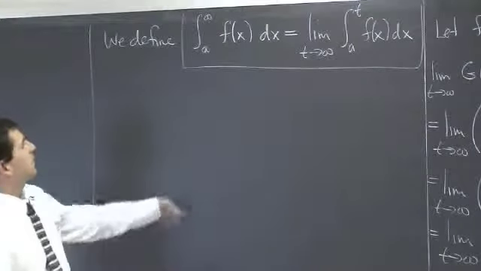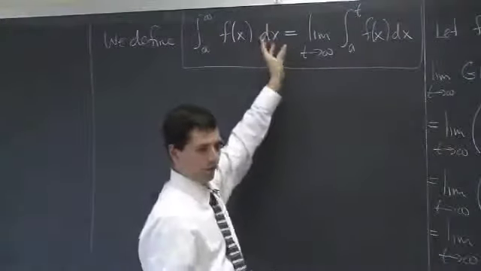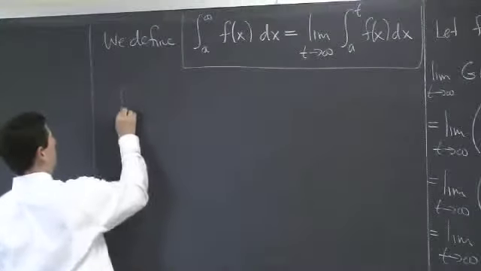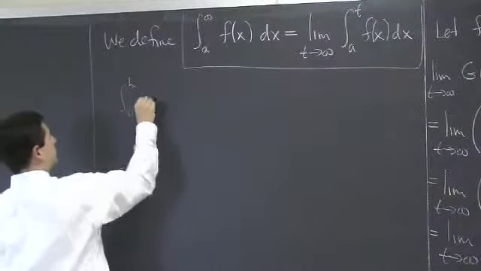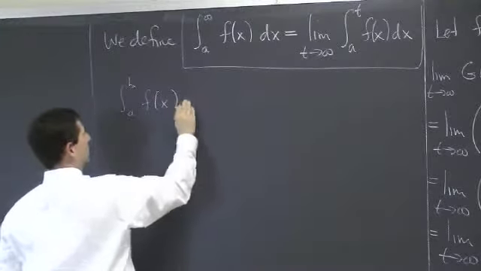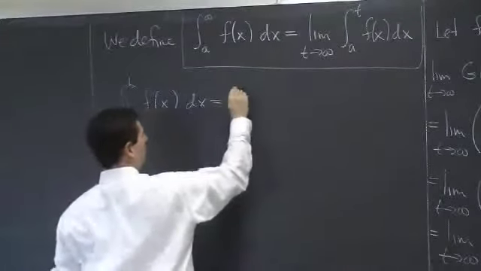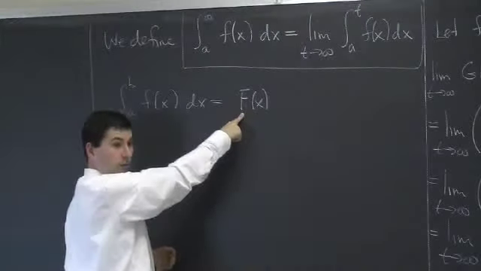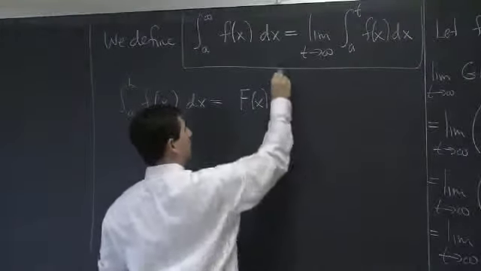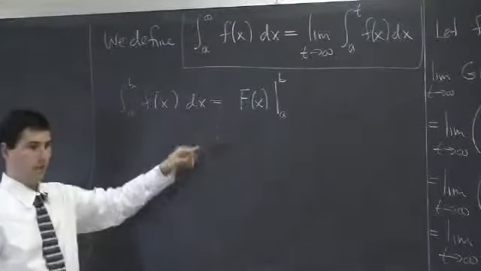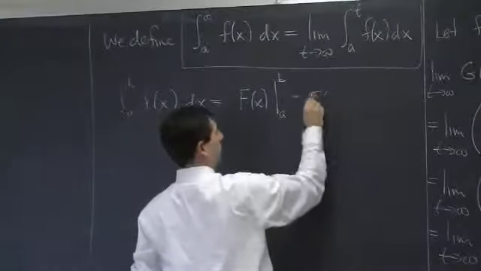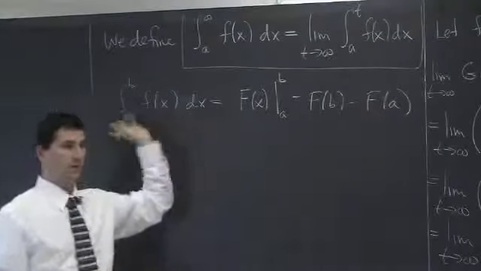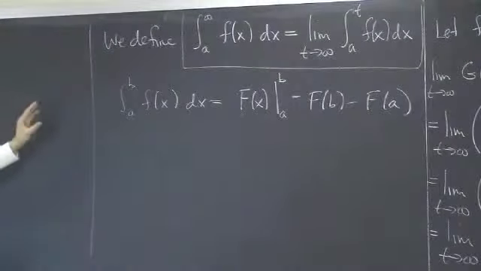There are some hypotheses that we always want when we integrate. For instance, when I wrote this down, capital F is an antiderivative. When I write this formula down, this means F of b minus F of a. This is our second version of the fundamental theorem of calculus.